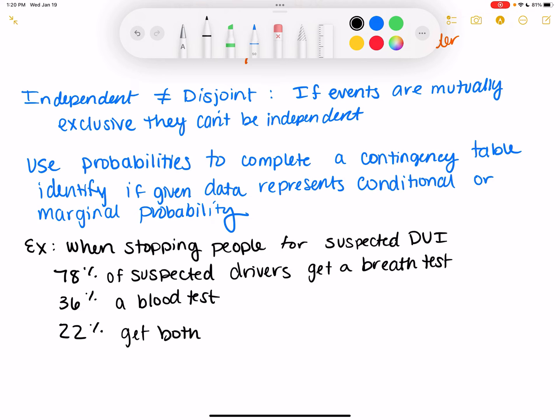It must be really messed up to get both. Well, it's more that maybe one of them didn't read that you were drunk and the other one would, so you probably get both if they really think you are.